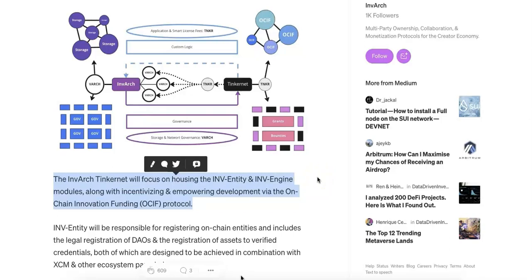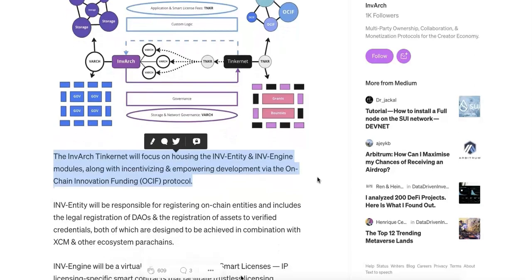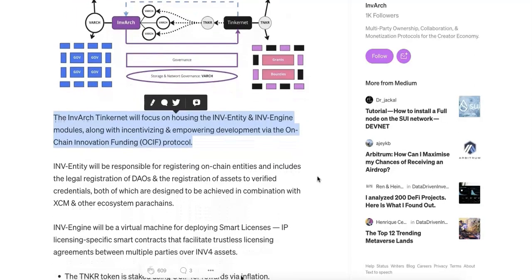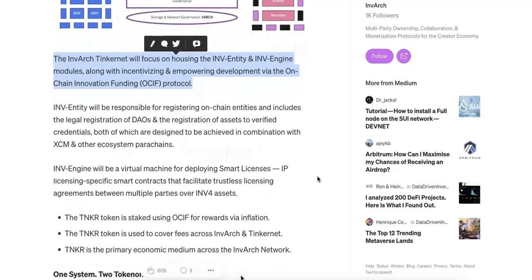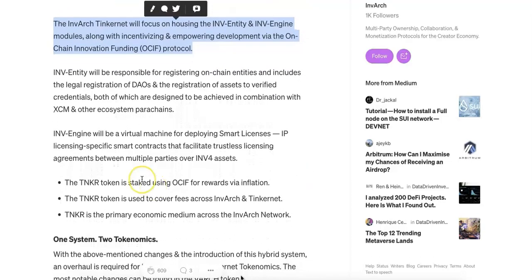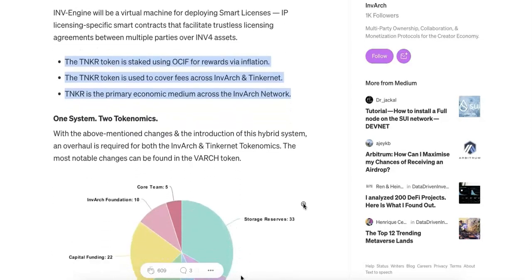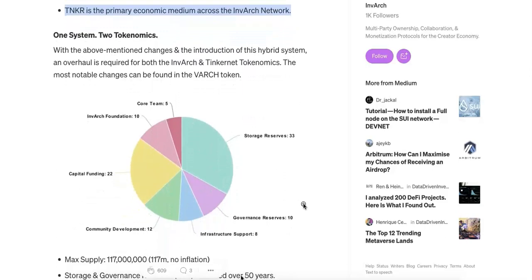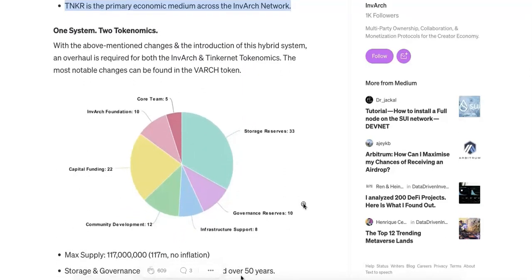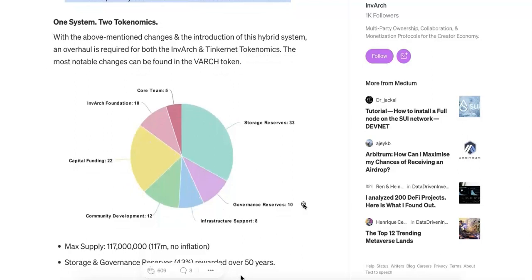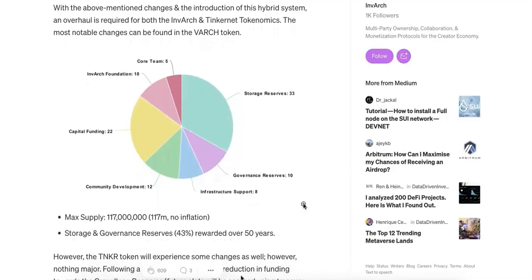The Tinkernet will focus on the InvArch engine module, and also has the on-chain innovation funding protocol, the OCIF. That's also quite new, and we will talk about it in the future, with more details. You can stake using this protocol and get rewards, and then the one system now has 2 tokens, and both tokens will have their utility.